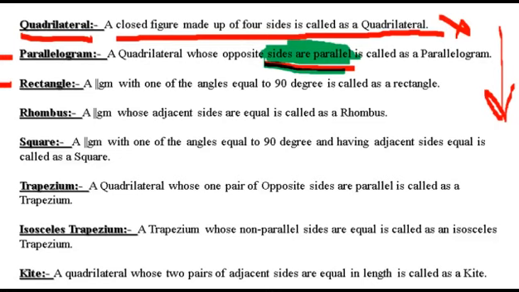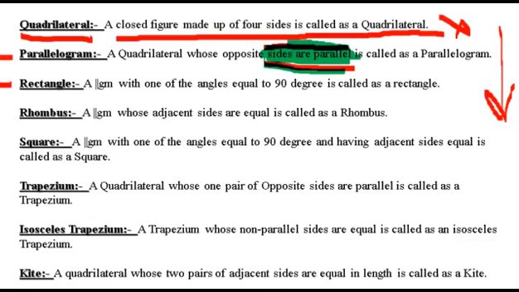Here I want to clear a confusion. Usually students remember that a quadrilateral whose one pair of opposite sides is equal and parallel is called a parallelogram. No, that's not the definition. That is actually a property of a parallelogram that we will study later. But first of all, remember this: a quadrilateral becomes a parallelogram when its sides are parallel to each other.